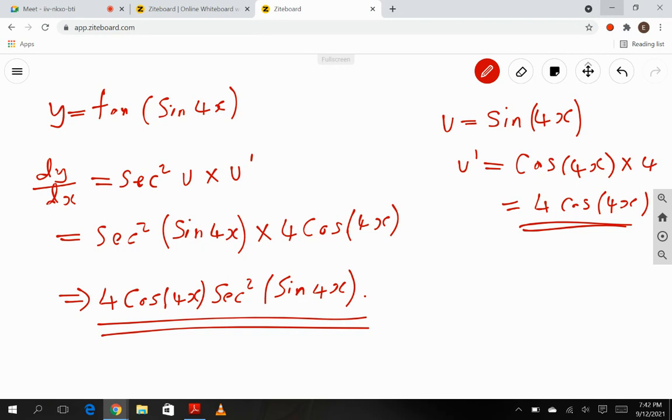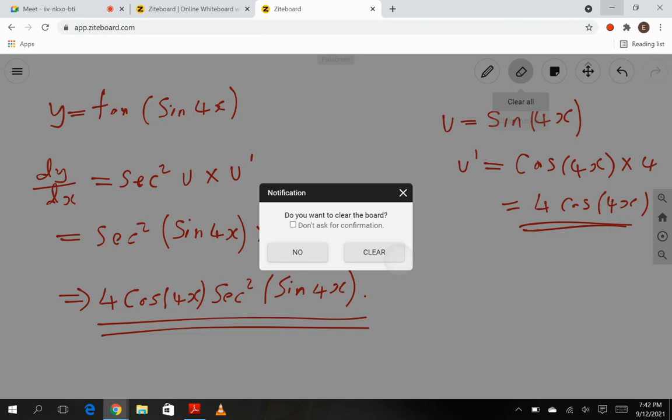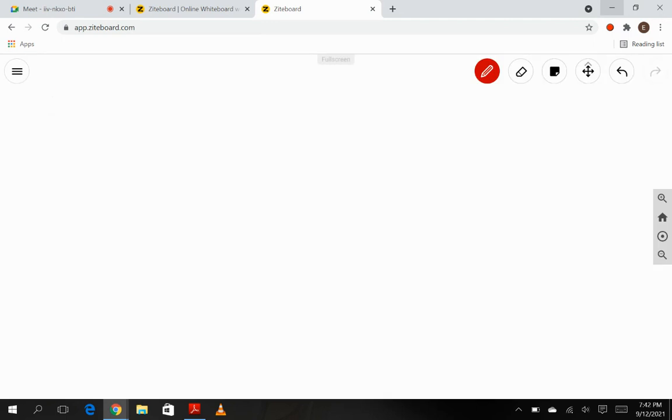Okay, I think this one is a little bit more complex, and I think it would be a good one to end with before we start. So we have that.